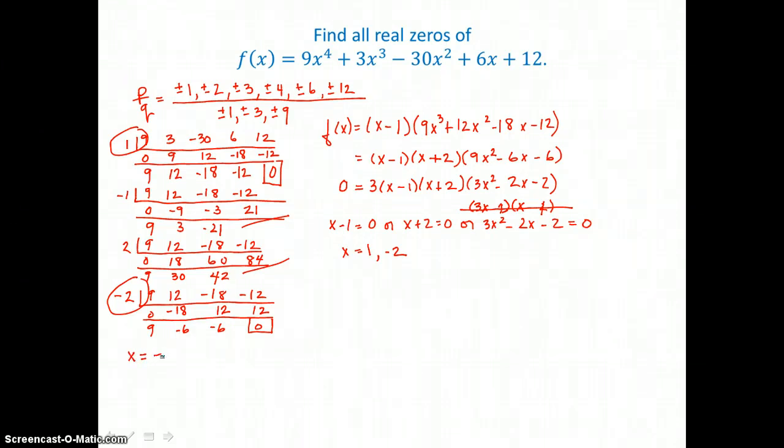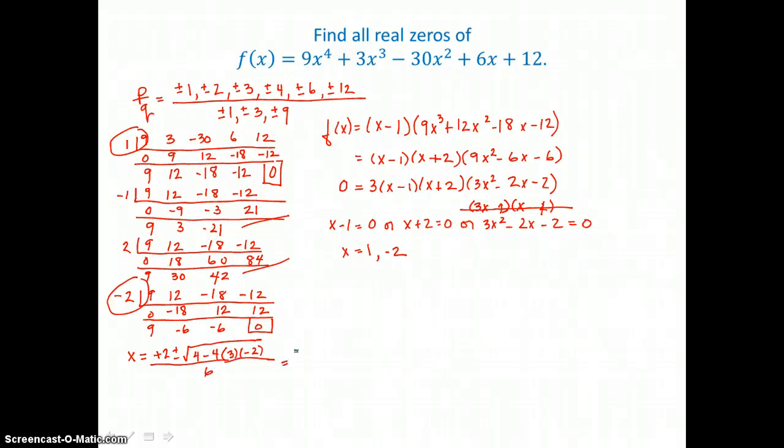So using the quadratic formula down here on that trinomial, I'm going to find x is equal to negative b, and b is negative 2, so that's double negatives, plus or minus the square root of b squared, so that's negative 2 squared, which is 4, minus 4 times a, which is 3, times c, which is negative 2, all over 2a, and a was 3, so 2 times a is 6.